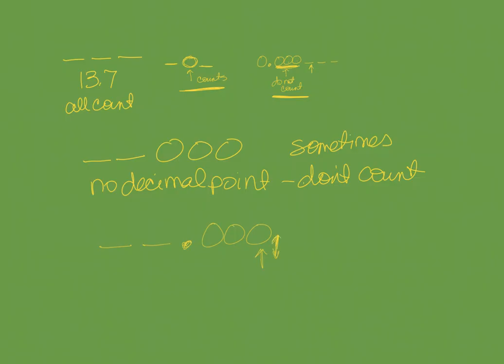It'll go up and down and be like, is it going to be on the 0 or not be on the 0? So you're estimating this one. So this number here would have 5 sig figs. And these count because there's a decimal point. If there's a decimal point, then the trailing zeros count.